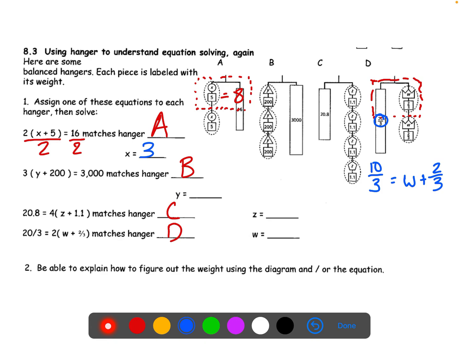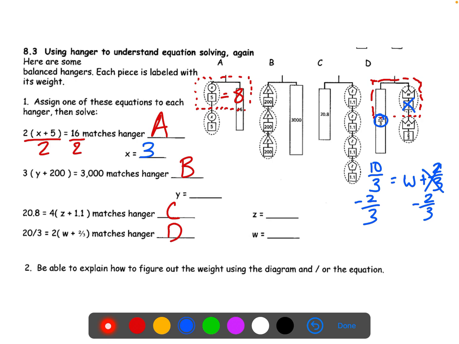And now I just need to get rid of this extra 2/3 that's hanging on to that variable, the part that I don't need to know. The 2/3 is the part I already know. Let's get rid of it. So let's subtract 2/3 from here, and we'll subtract 2/3 from here.